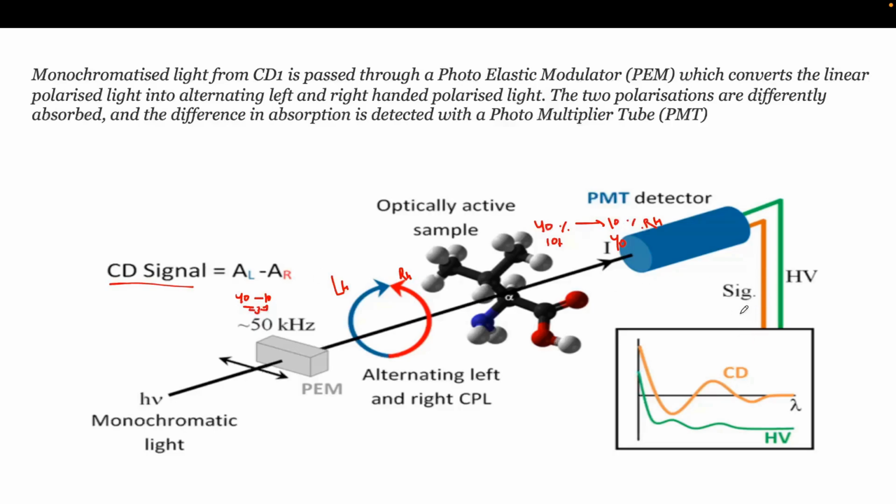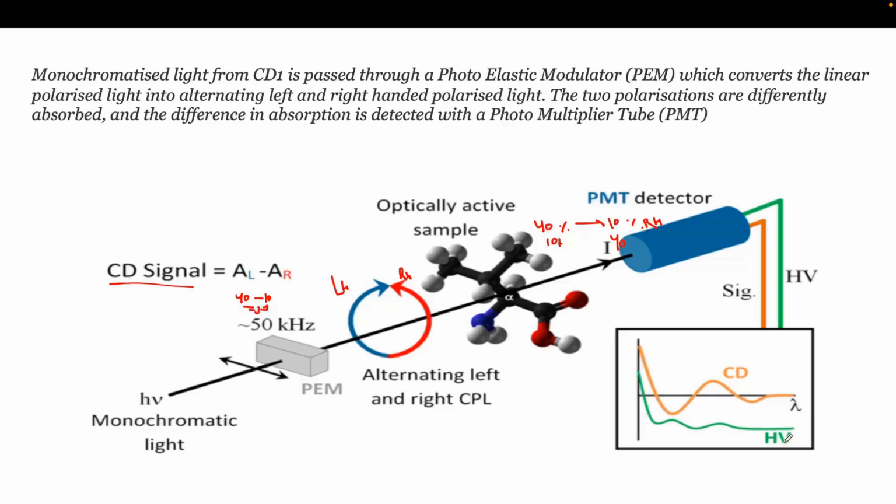In the detector there are two types of signal observed. One is the absorbance: at a particular wavelength it gives one kind of signal, based on which you can find out the secondary structural content.